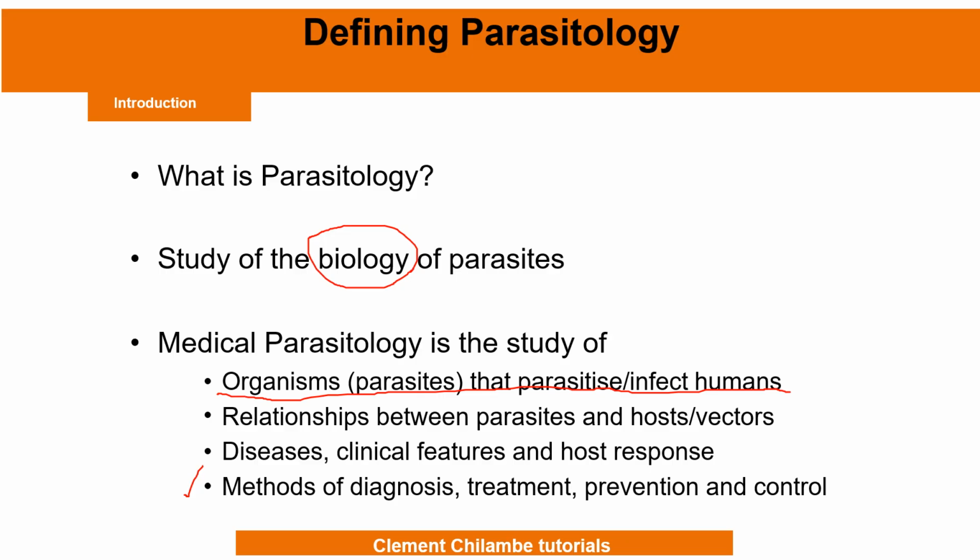You cannot say I'm looking at this parasite, be it Plasmodium falciparum or Entamoeba histolytica, and I'll just know the name of that organism. It's not enough. Know the name, the relationship, the diseases it causes, the clinical features and host response, and most importantly, for public health purposes, make sure that you know the diagnosis, the treatment, the prevention, and control. This is actually what defines your profession.